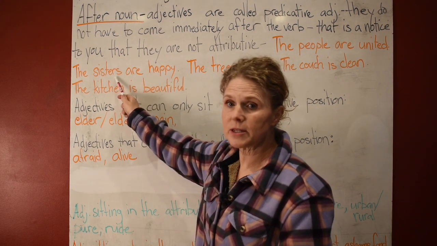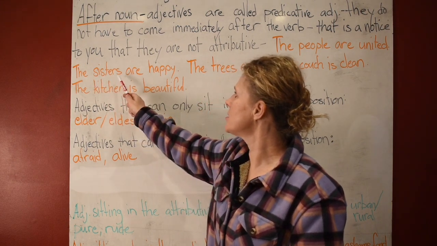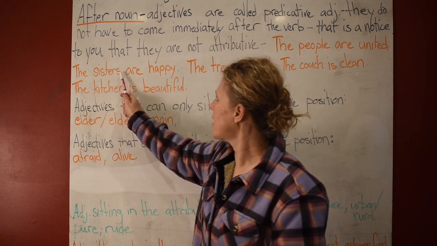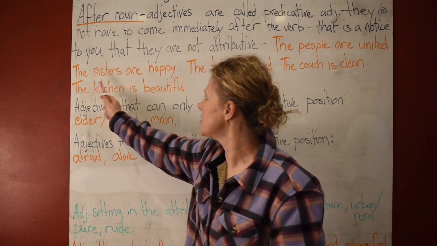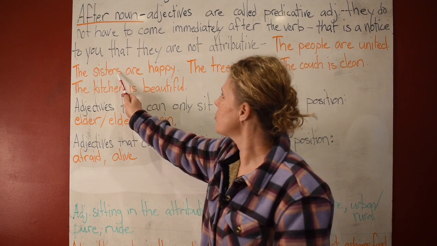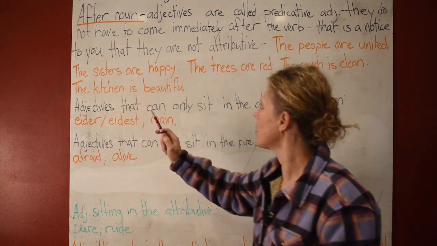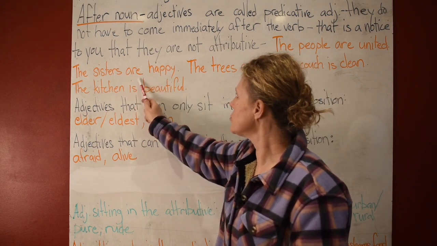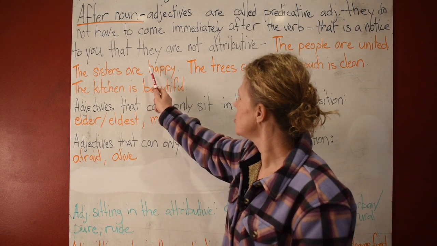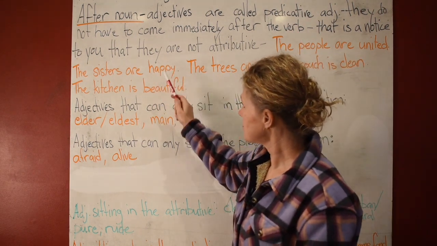Now also look at this. This is plural and this is plural, so you have to use are. You can't say the sisters is happy. You would have to take off this plural s and say the sister is happy. So if you have plural right here, you have to use your linking verb are. Now this is your linking verb and this is your predicative position right here.